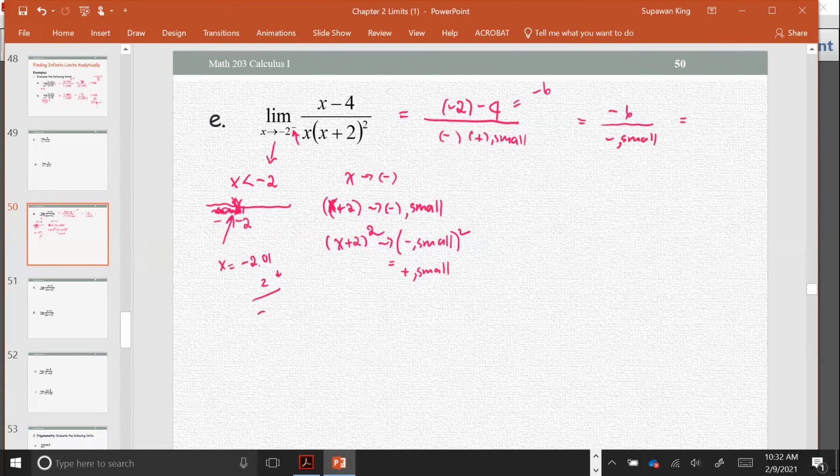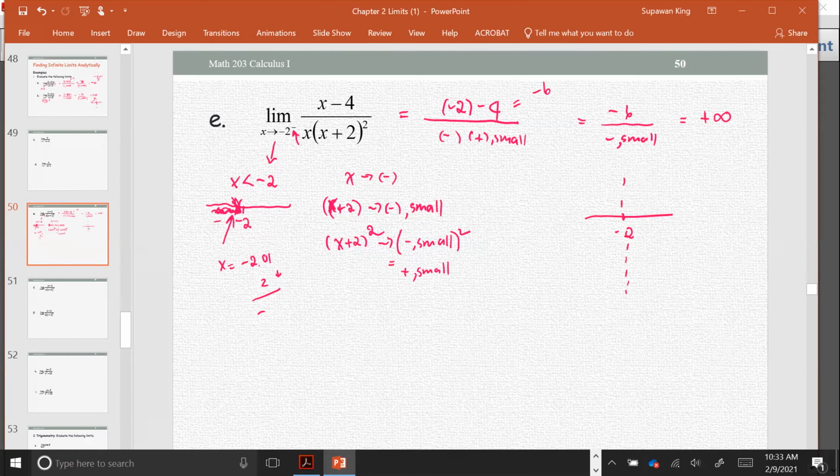So you're going to have a positive sign for the quotient, because -6 divided by a negative quantity on the bottom, and the top number divided by a very small number on the bottom means the quotient gets larger and larger. So the limit of this function approaches positive infinity as x approaches -2 from the left side.